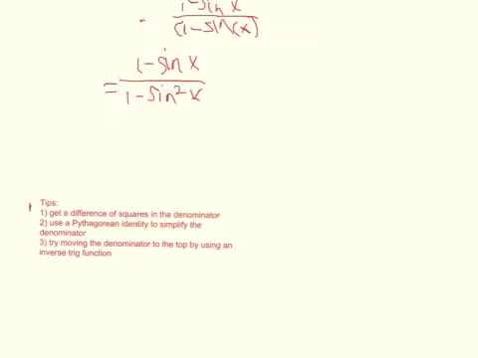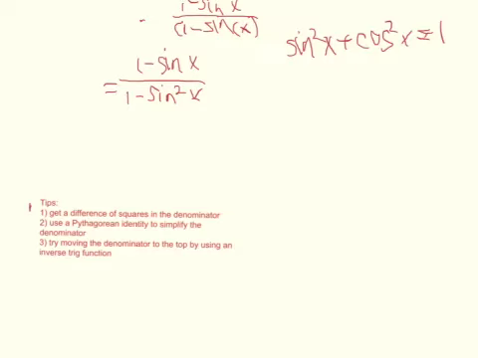Our next tip tells us to use the Pythagorean identity to simplify. So when I'm looking at our denominator here, I'm thinking about what Pythagorean identity I can use in order to simplify this bottom. Take a look at your identity sheet and look at which one would make sense. Only one of them has sine squared in it, so that would be the one I would start with. Our Pythagorean identity: sine squared x plus cosine squared x equals 1.